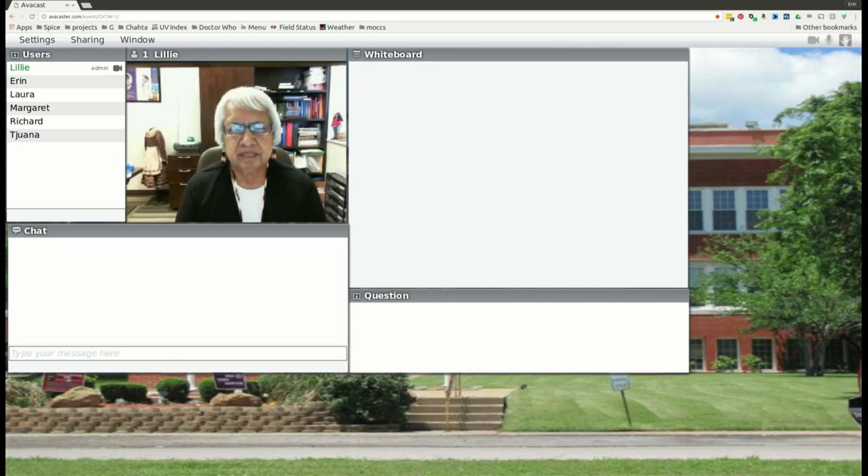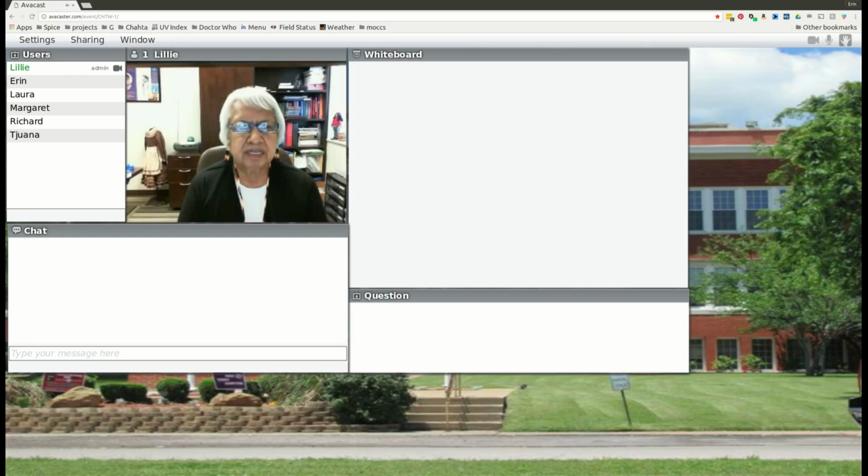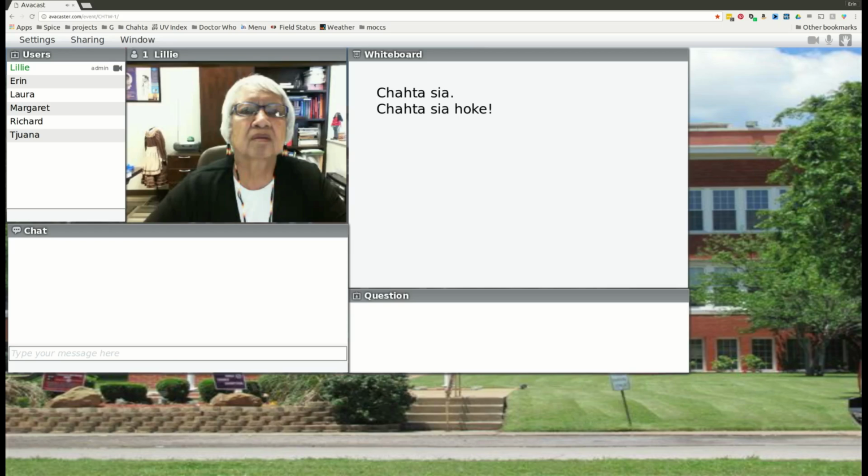And again, the way we write the emphatic marker is the HOKE after a predicate, and we write it separately. A lot of you may be familiar with the term Chahta hoki. Chahta, I'm Choctaw. Chahta hoki, I am Choctaw.